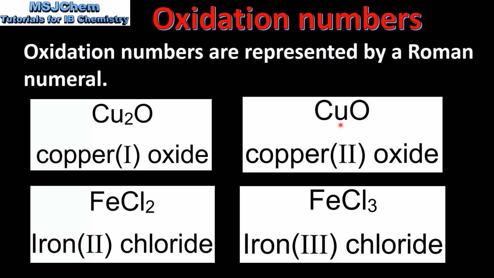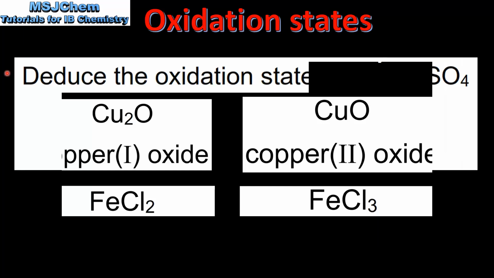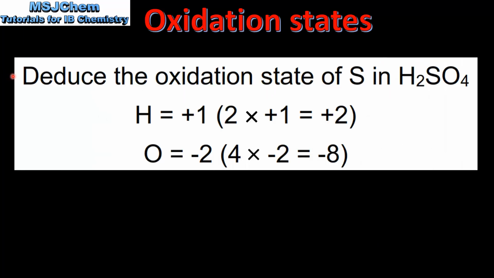Here we have CuO, which is copper(II) oxide. The 2 in brackets tells us the oxidation number of the copper, which is +2. At the bottom we have iron(II) chloride and iron(III) chloride. The difference being the oxidation number of the iron, which is +2 in iron(II) chloride and +3 in iron(III) chloride.